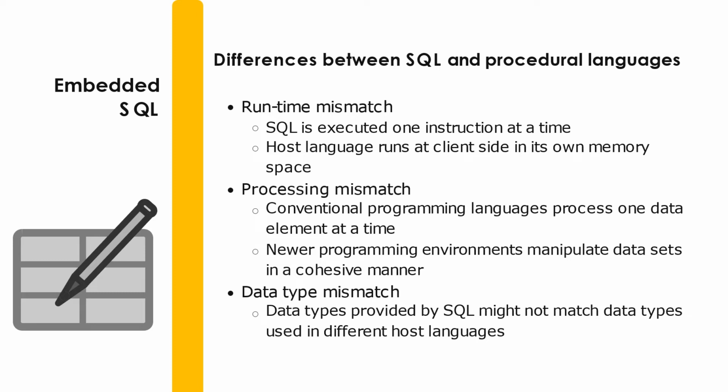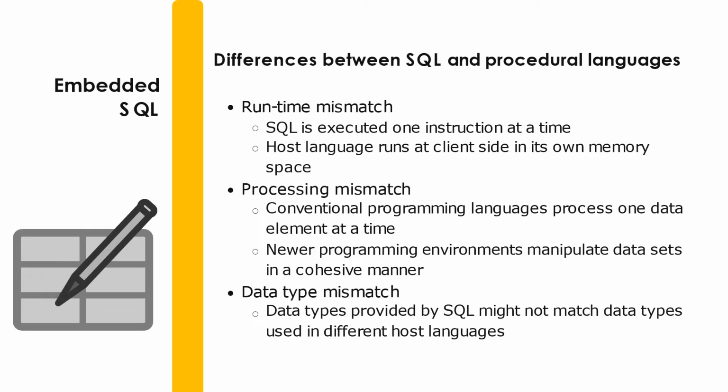Second is processing mismatch. Conventional programming languages process one data element at a time. Although you can use arrays to hold data, you can still process the array elements one row at a time. This is especially true for file manipulation, where the host language typically manipulates data one record at a time.